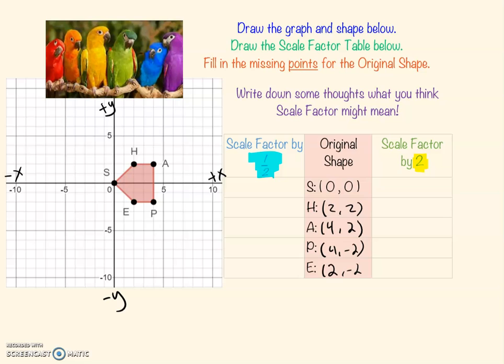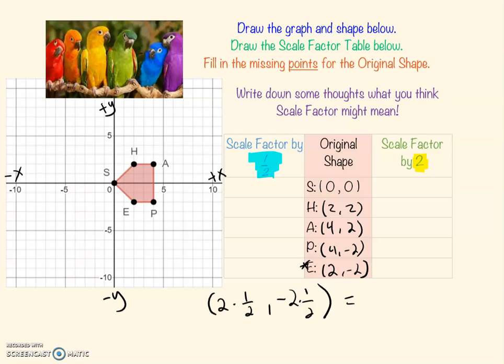So let's look at this 1/2 right here. If we're going to make something 1/2 its size, are we making it bigger or are we making it smaller? We're probably making it smaller. So let's look at the E. That's this one way down here. If we're going to say we want 2 times 1/2 and -2 times 1/2, what are we saying?